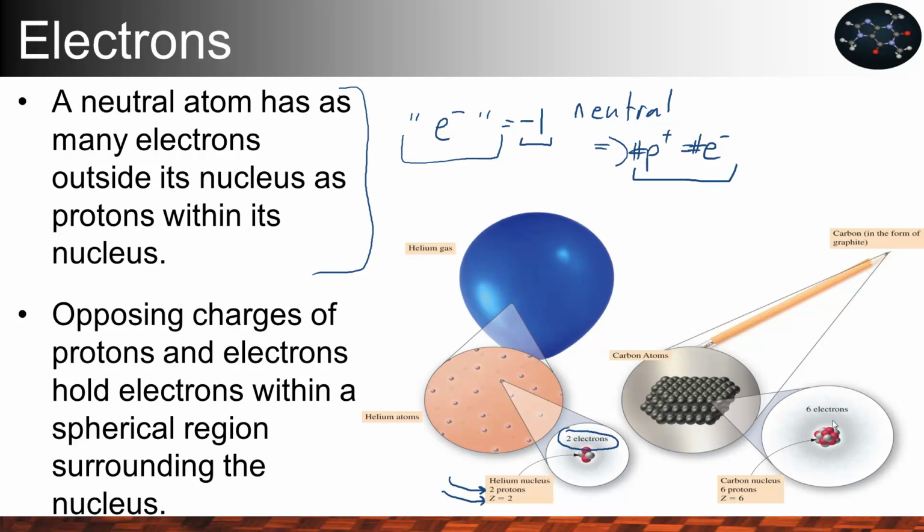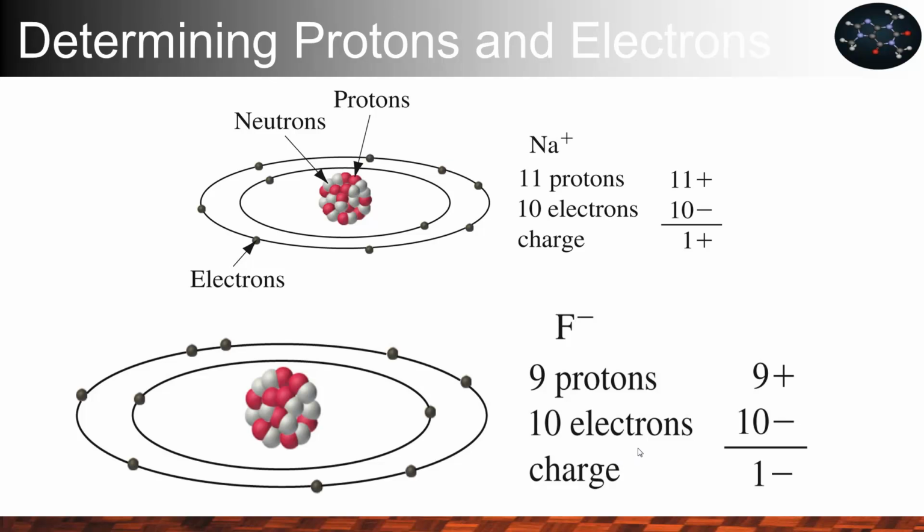Okay. Carbon has a Z of 6. It has 6 protons. It's also going to have 6 electrons, if it is the neutral version of the atom. And again, neutral just means that there's no net charge. And well, what if we don't have a neutral atom? What if we have an atom that has a net positive or a net negative charge?